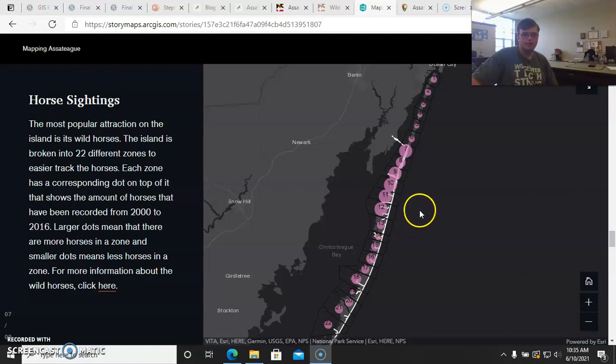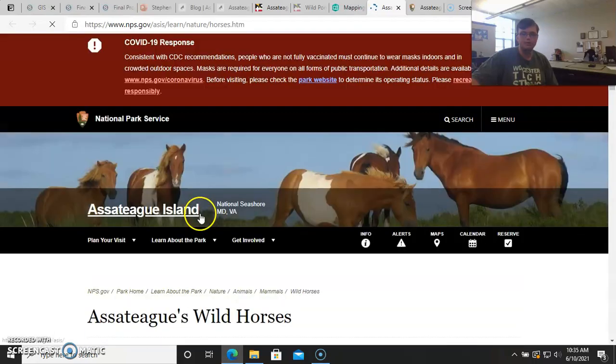The way that we made this map, we were able to find data from every year from 2000 to 2016 about where the horses are in the park, and we were able to take all of that data and show how many horses are in each zone, with the smaller dots representing the zones that don't have as many horses, and the larger dots representing the zones that have more horses. And at the bottom here, you can click on this here to get more information about the horses.